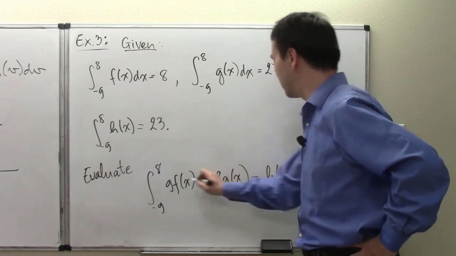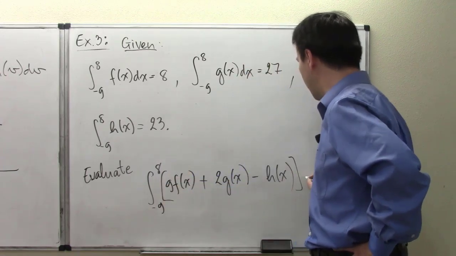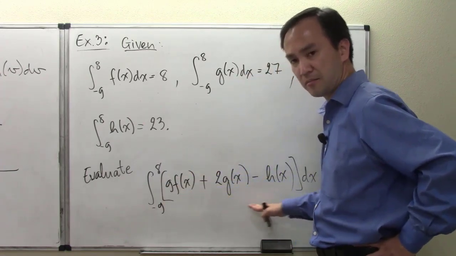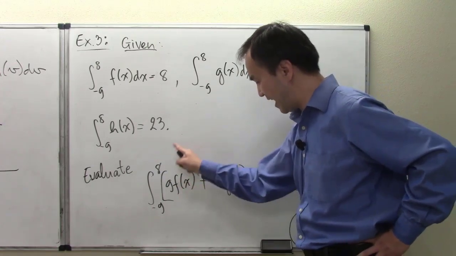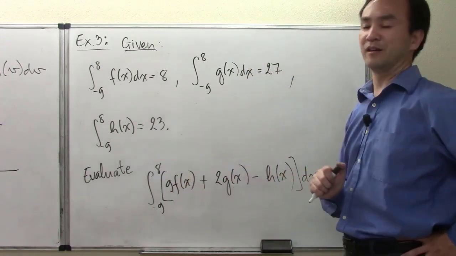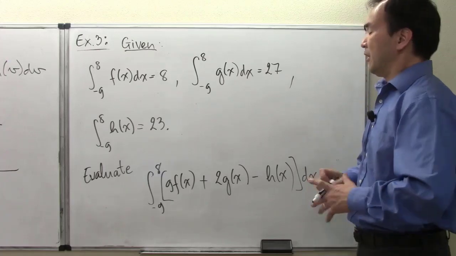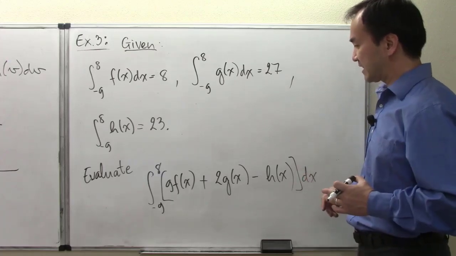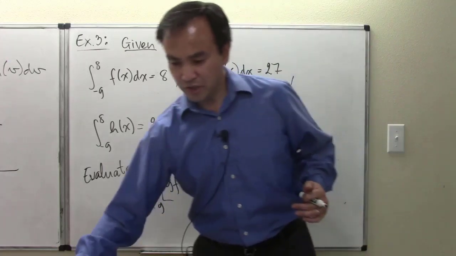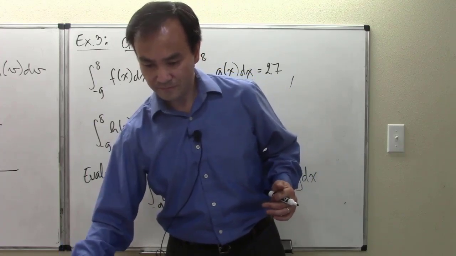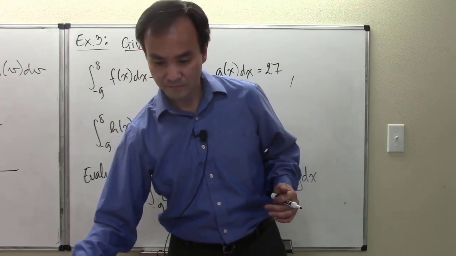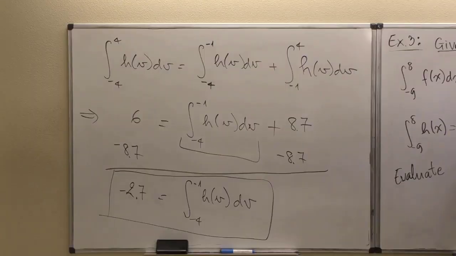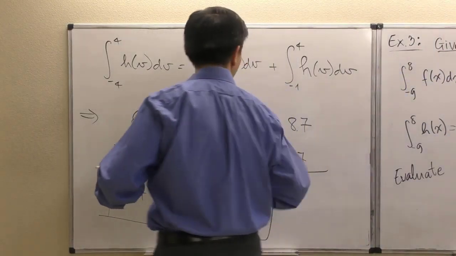So really this is one function, but what I see in this function is that it has multiple terms, and some terms have a coefficient. That's the whole idea right there. All right, so there we go. That's our problem right there. Okay, so now into my other board.